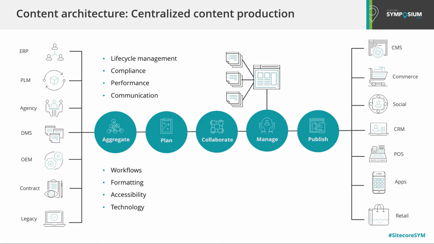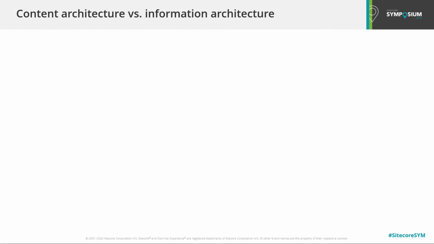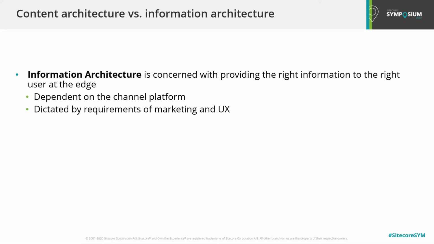But wait a minute, you may say, don't we already have an area that manages content structure called information architecture? And you're right. However, there is a big difference. Information architecture is concerned with providing the right information to the right user at the edge. So it's highly dependent on the requirements of a specific channel.